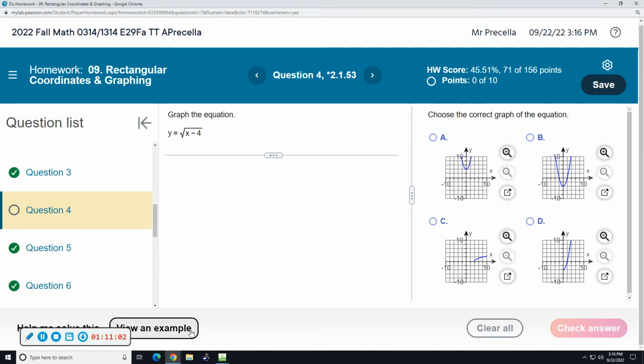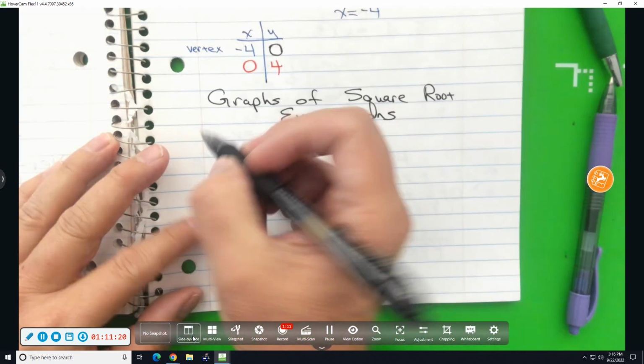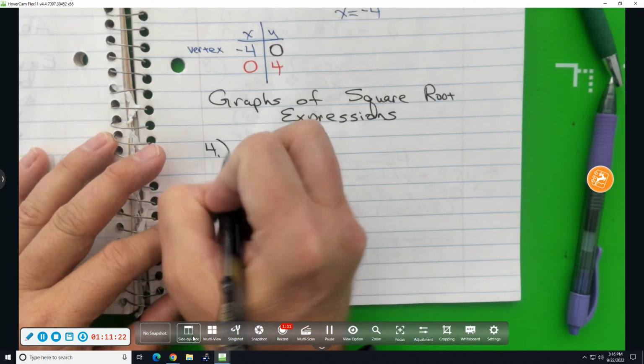Y equals the square root of x minus 4. This is number 4.